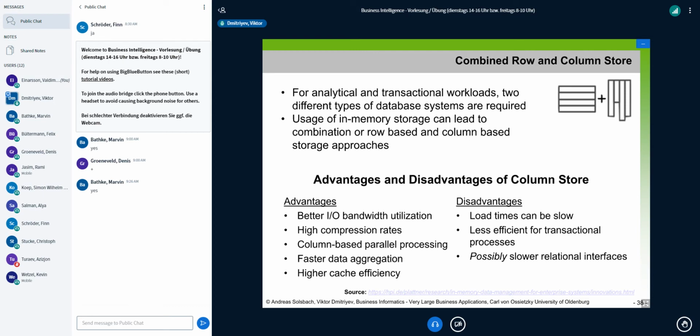Combined row and column store. What does it mean? During this lecture, we're speaking about the physical representation of the data. And I already mentioned the spins of the hard drive when you read the data out of it.